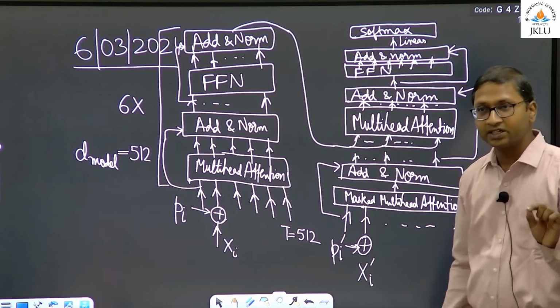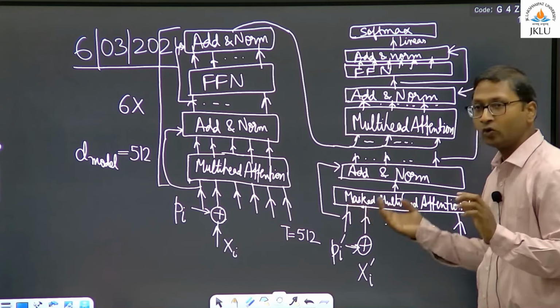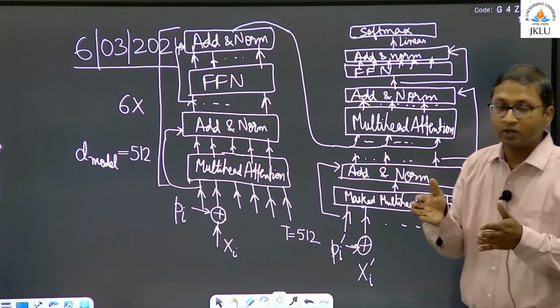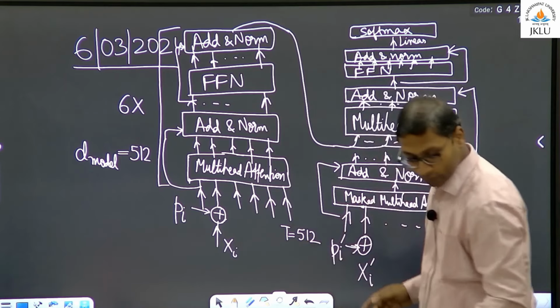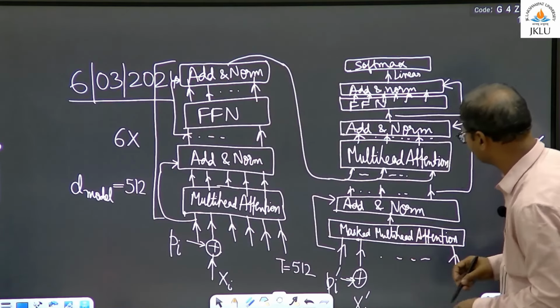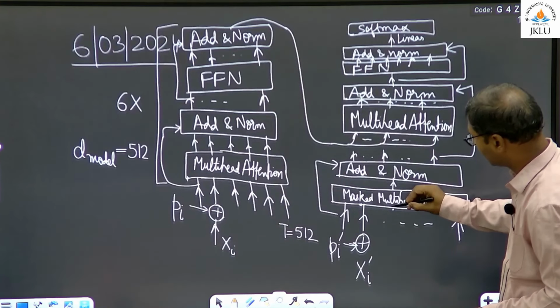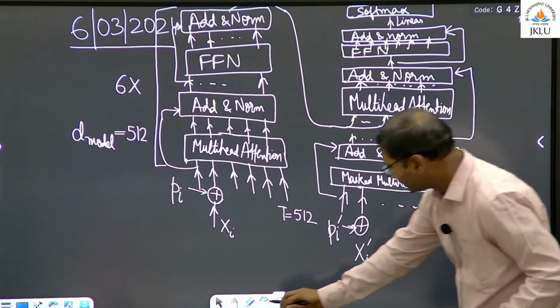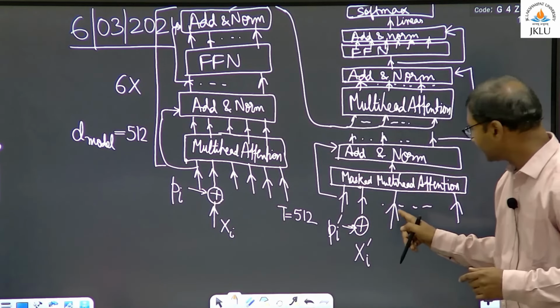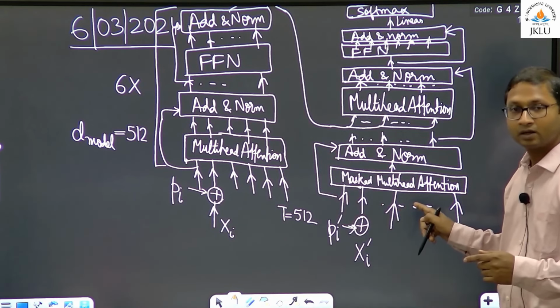The only catch is you are not supposed to know what comes next. Okay, that is something you are supposed to predict. I am not trying to predict what comes here when you know everything before it and everything after it.